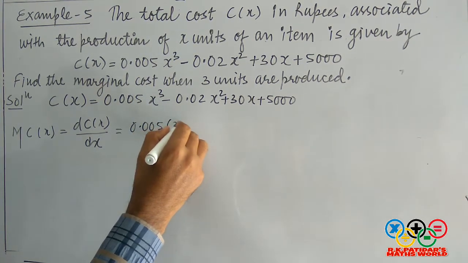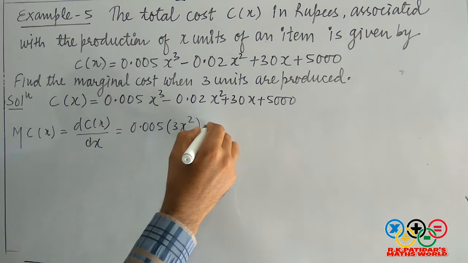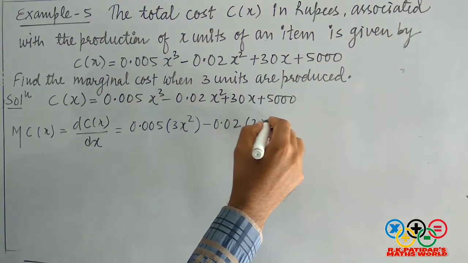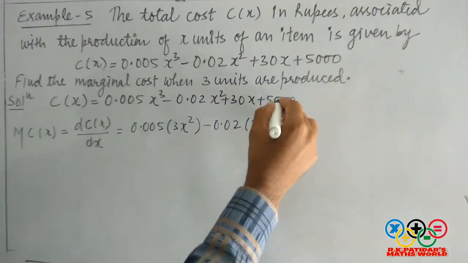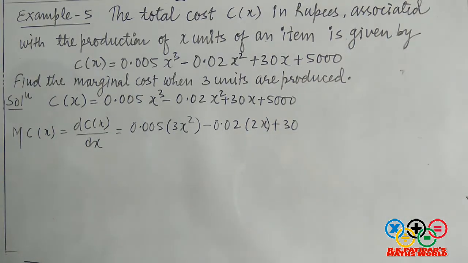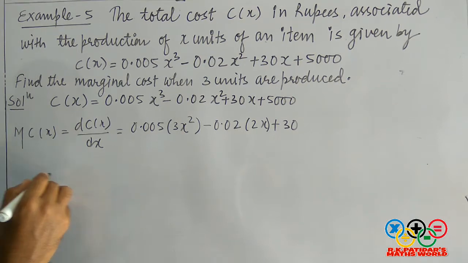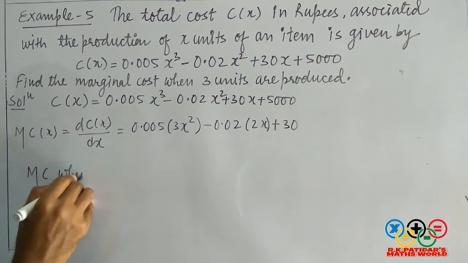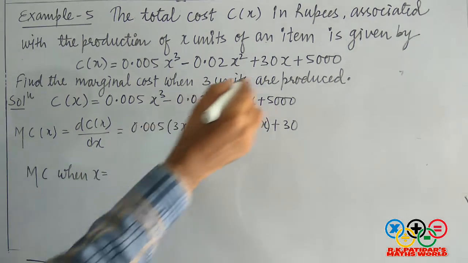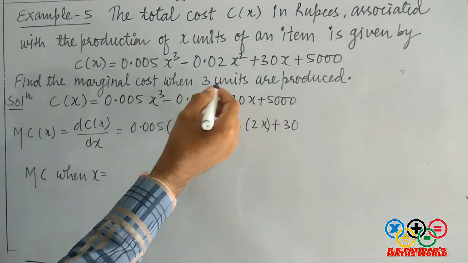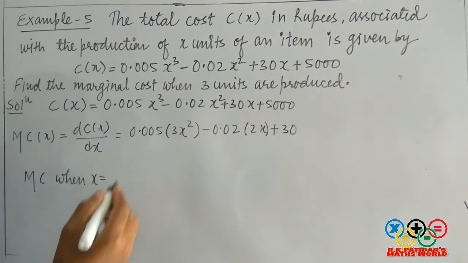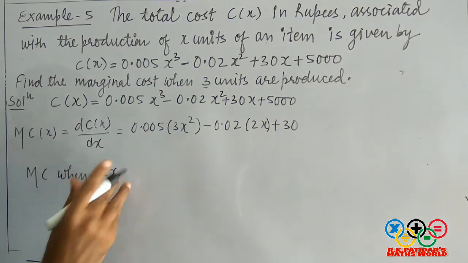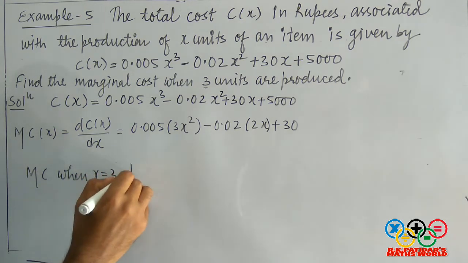This will be 0.005 into the derivative of x³, which is 3x², minus 0.02 into 2x plus 30, and the derivative of 5000 is 0. We have to find out the marginal cost when the number of items produced is 3 units, so x is equal to 3.